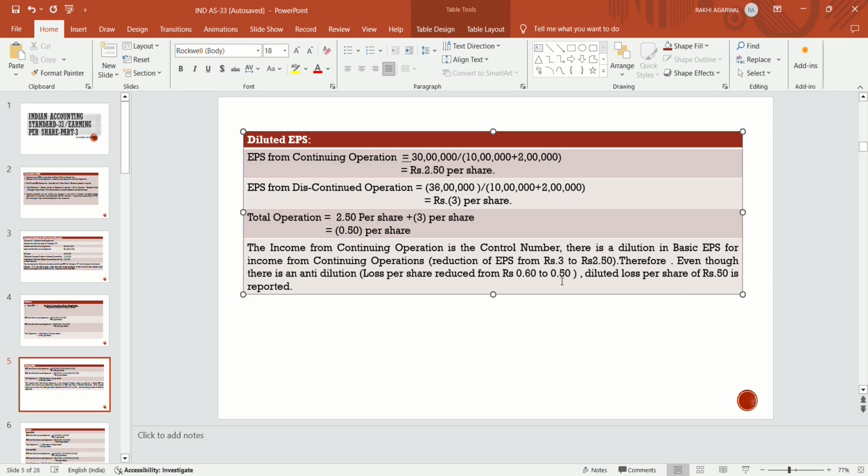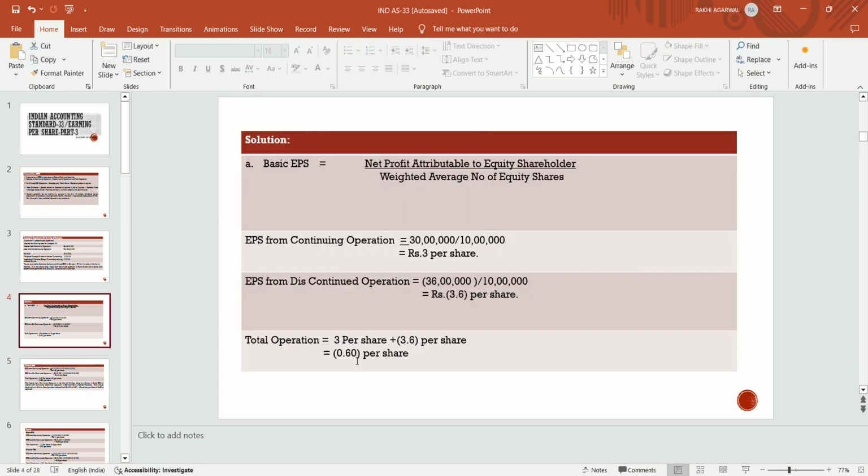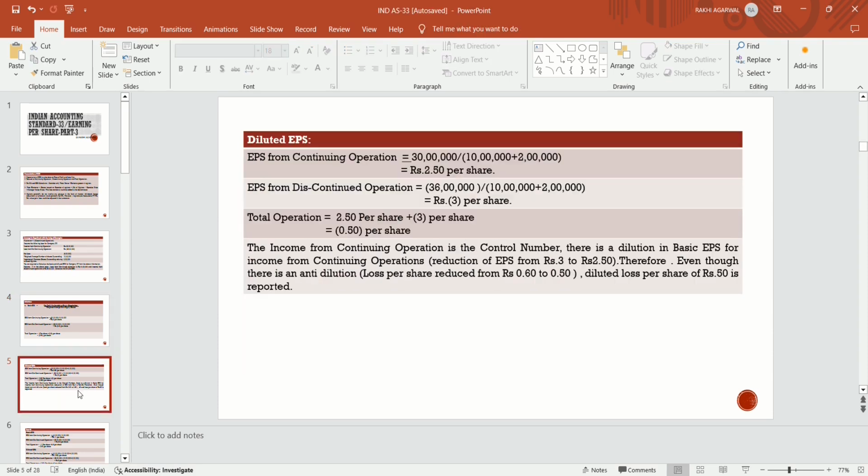Therefore, even though in the total number there is an anti-dilution, because the loss per share reduced from 0.60 per share to 0.50, so the loss per share reduced from 0.60 to 0.50.